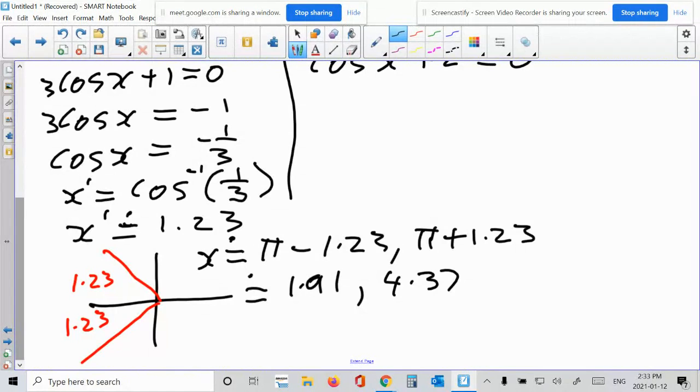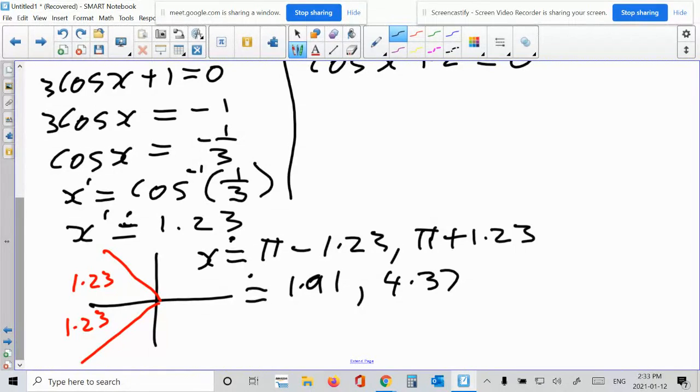What we're finding is where cosine is negative. And you answered, I think, that it was in quadrants 2 and 3. And what is the deviation that we're looking for? What I call a deviation is the cosine to the minus 1 of that 1/3.